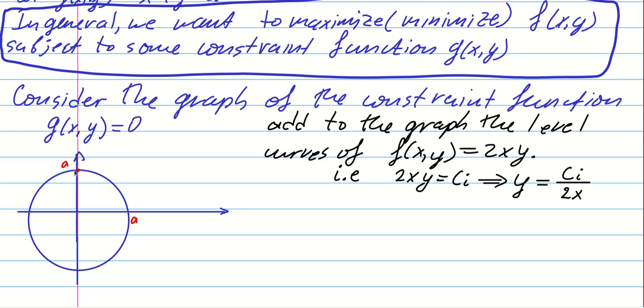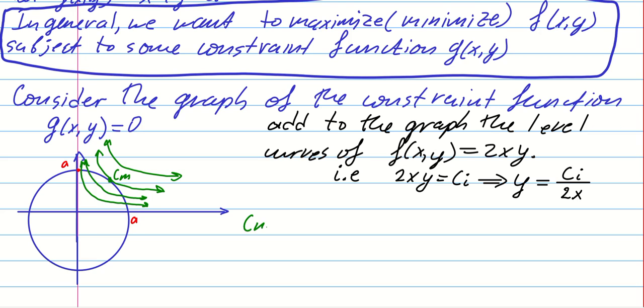So let's draw this out. It's going to look something like this. And one of these curves, for some value, will touch our graph. Suppose it touches it over here, and let's denote this value as c sub m.